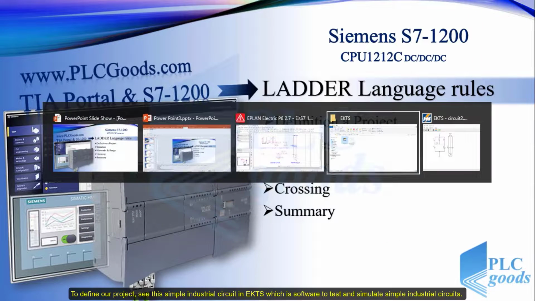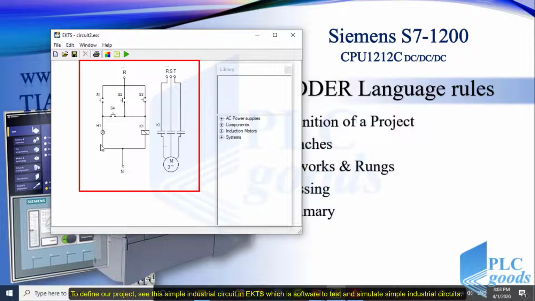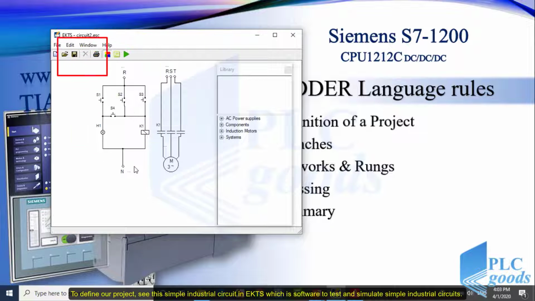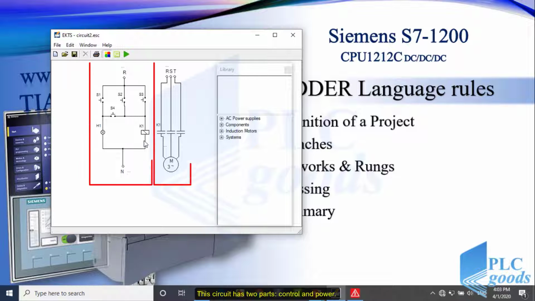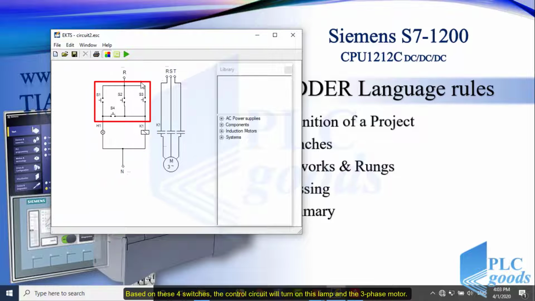To define our project, see this simple industrial circuit in EKTs, which is a software to test and simulate simple industrial circuits. This circuit has two parts, control and power. Based on these four switches, the control circuit will turn on this lamp and the three-phase motor.